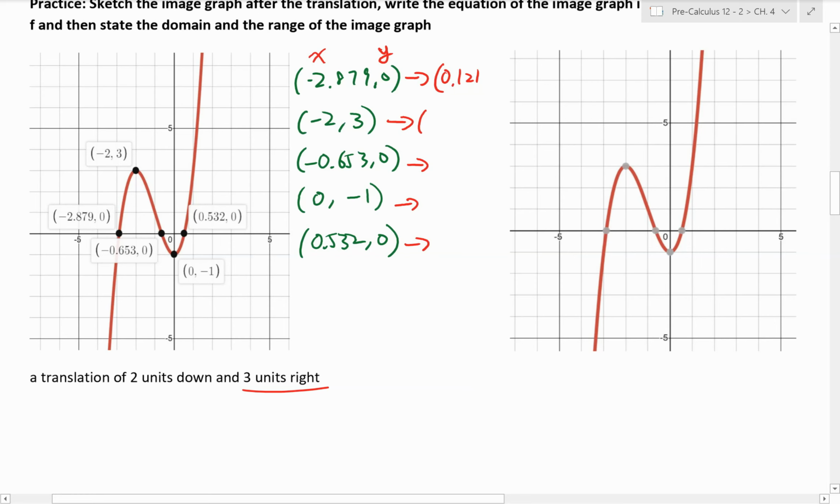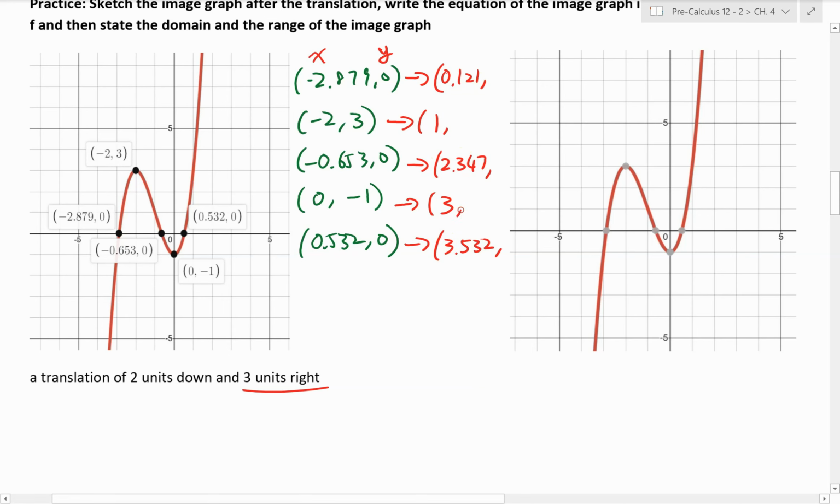Negative 2 plus 3 is 1. Negative 0.653 plus 3 should be 2.347. 0 plus 3, that's easy. And 0.532 plus 3 is just 3.532.